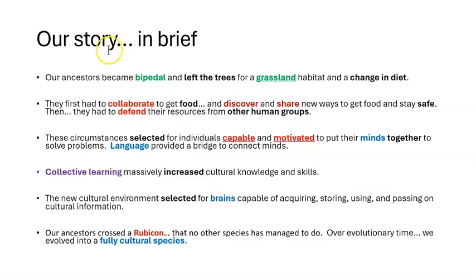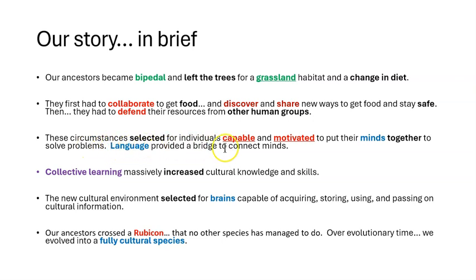So, we can tell our story in brief. Our ancestors became bipedal and left the trees for a grassland habitat and a change in diet. They first had to collaborate to get food and discover and share new ways to get food and stay safe. Then they had to defend their resources from other human groups. These circumstances selected for individuals capable and motivated to put their minds together to solve problems.